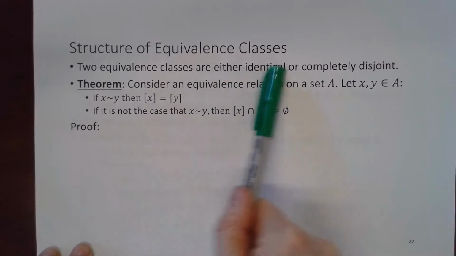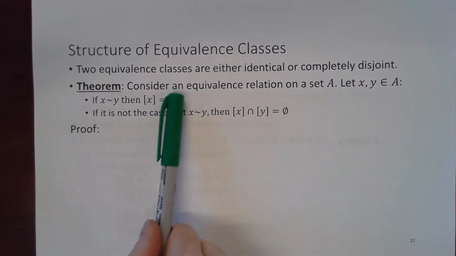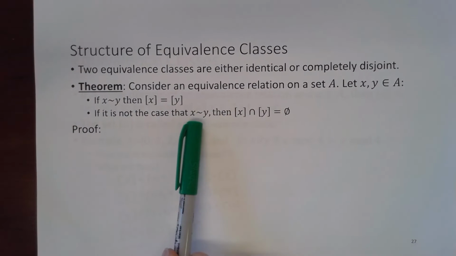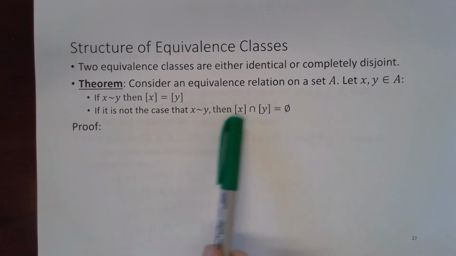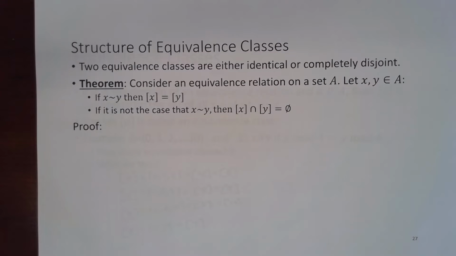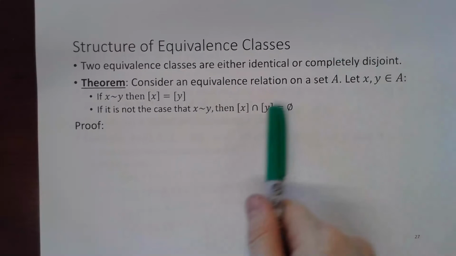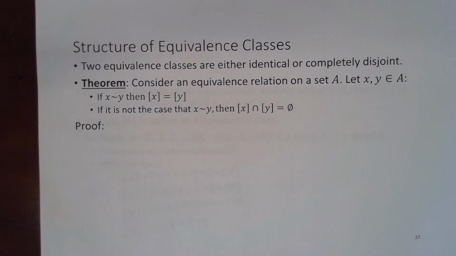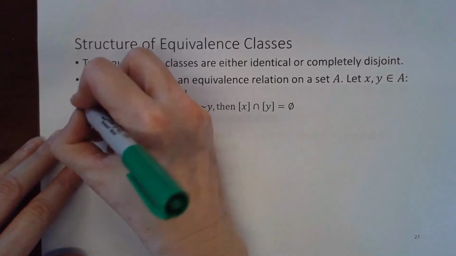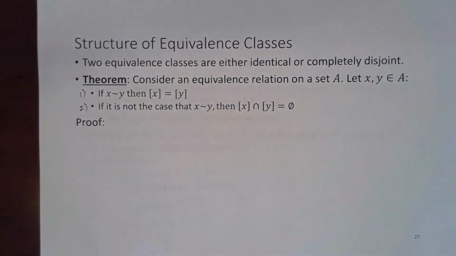If they're not related, then their equivalence classes are completely disjoint. There's no overlap. The intersection is the empty set. Being disjoint means there's no intersection between them. So we have 2 things to prove. I'll label them 1 and 2.